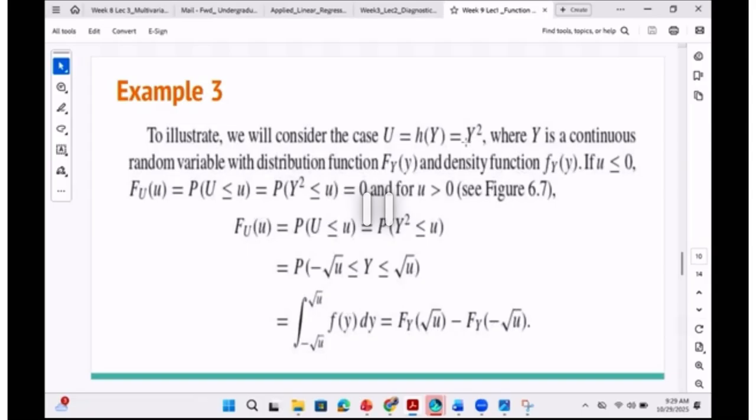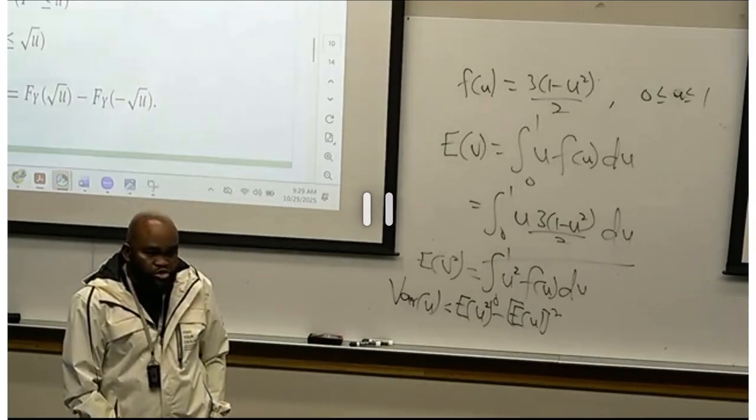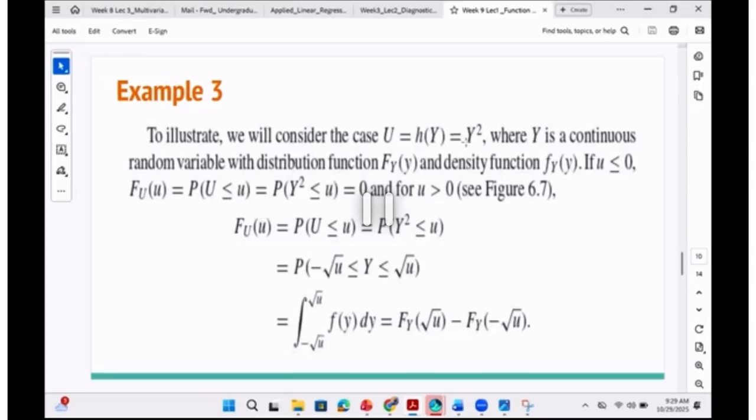What if you are given a variable with a function of y, h of y, and you now define a new variable, the new variable is y squared? Let me tell you this: the distribution of y is different from the distribution of y squared.